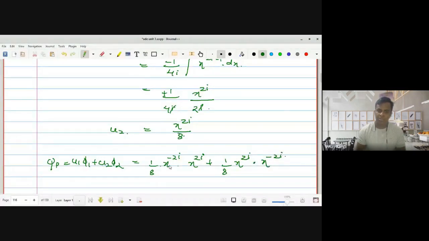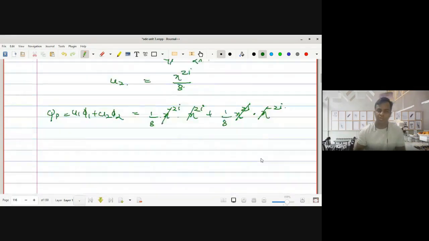Okay, what will happen here? x to 0 cancels, so x to 2i and x to minus 2i cancel, x to 0 comes, so 1. So 1 upon 8 plus 1 upon 8 is 1 upon 4. So this is the value of psi p, for x greater than 0.